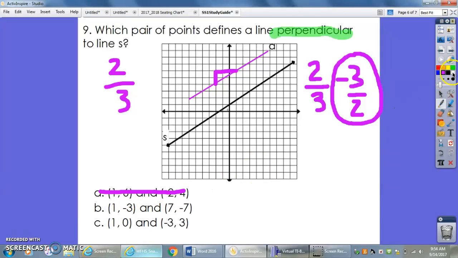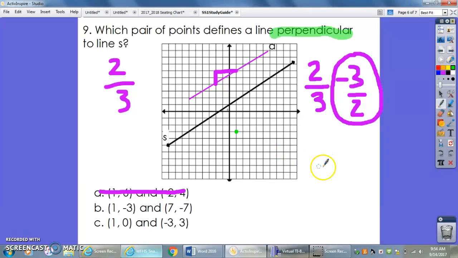Alright, so I'm going to try the next one. 1, -3, and 7, -7. There we go.